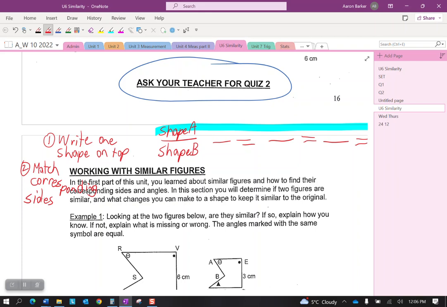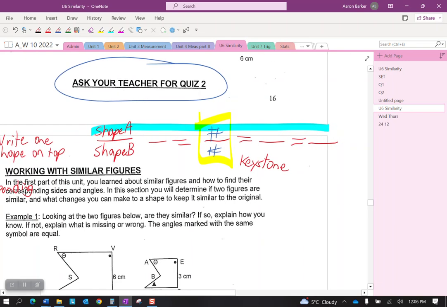So then, once I have shape A, I would get my corresponding sides on the bottom. You will end up with one fraction, say it's this fraction here, where you know the number on top and you know the number on the bottom. When that happens, we call that our keystone fraction. It's the key that unlocks all the other fractions.